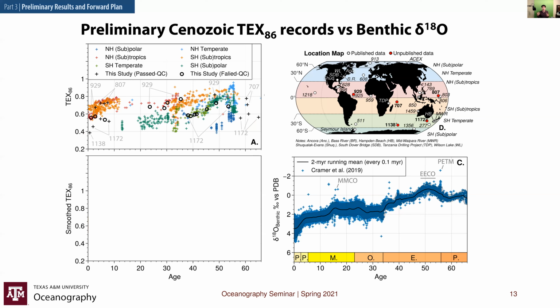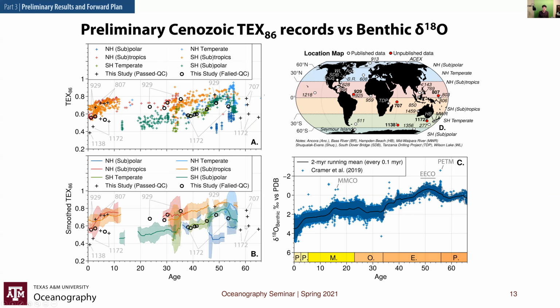Now, hopefully if we have complete TEX86 records, what can we do further other than only filling the gaps? First, we can compare with the benthic delta 18O data and see what the relationship is between the two proxies, right? It might inform us about the relationship between the bottom water and the surface oceans.